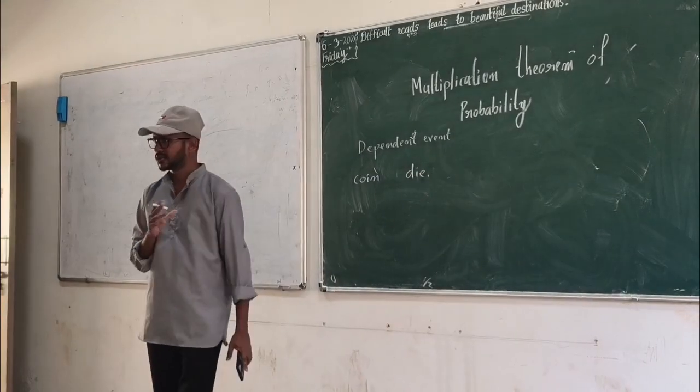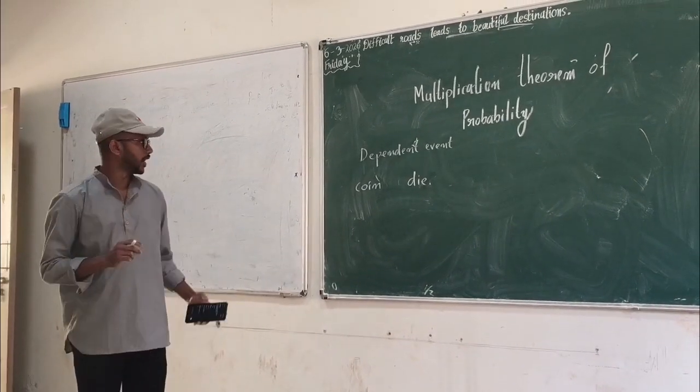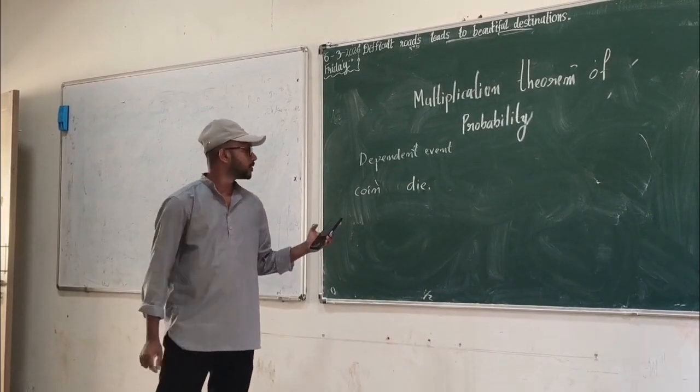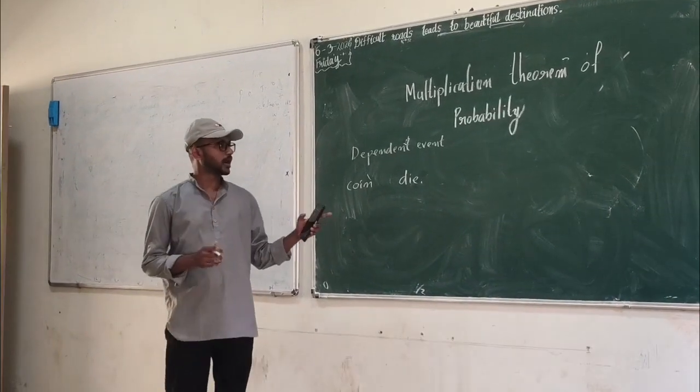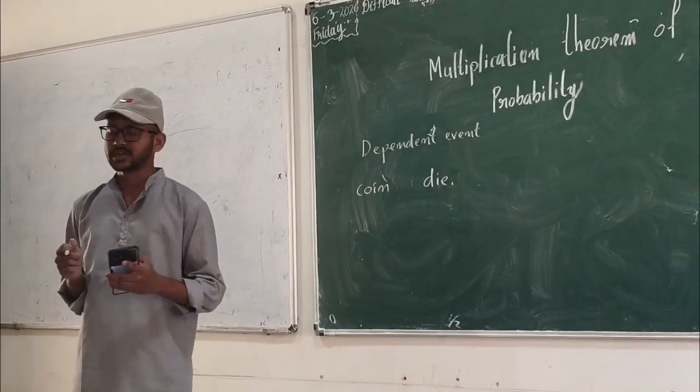Let us take 1 coin and 1 die, and find the probability of getting a head on the coin and the probability of getting 4 on the die.